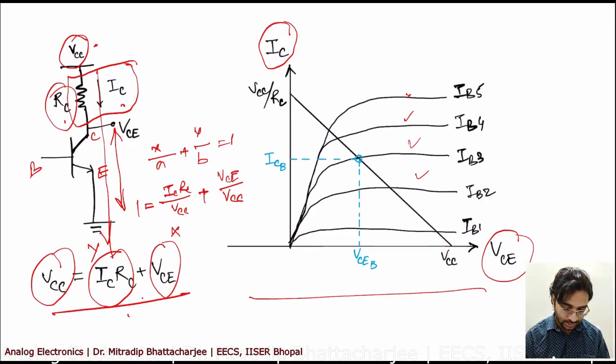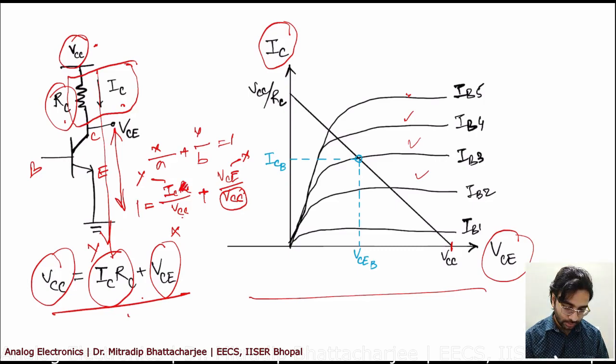So this is your x, and this IC is your y. So x by a, your a is VCC, so it will cut the x-axis at VCC. And this is your y, so y by b. Your b is basically VCC divided by RC.